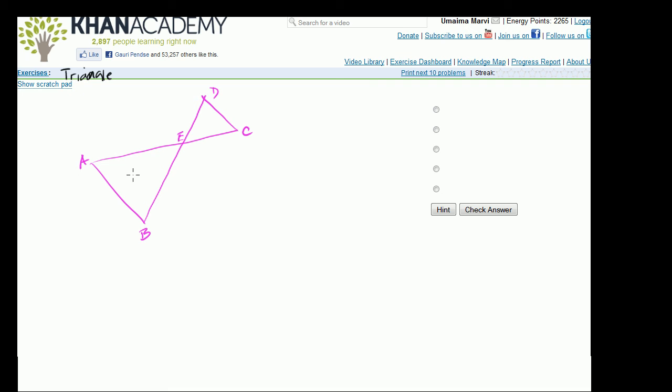And we could ask questions like compare, or actually, maybe the easiest one would be true false, because this would kind of foster the whole geometry proof aspect of it. So we would have a statement, and we could say triangle ABE is similar to triangle DEC.